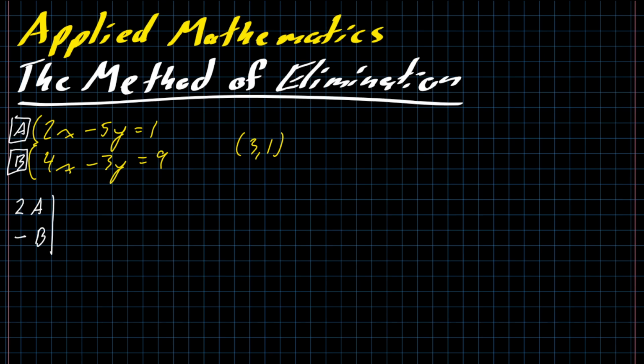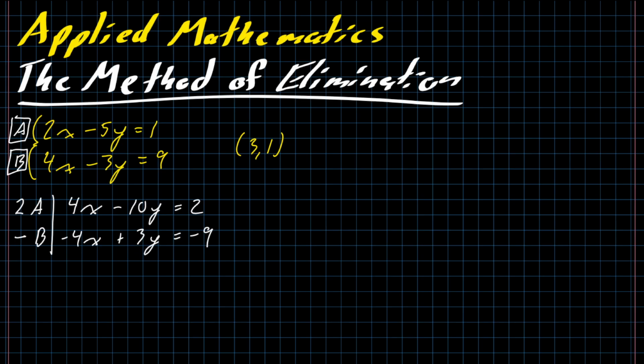multiplying left and right side of equation A by 2, we're going to end up with 4x minus 10y equals 2. Multiplying the left and right of equation B by -1, we're going to end up with -4x plus 3y equals -9.